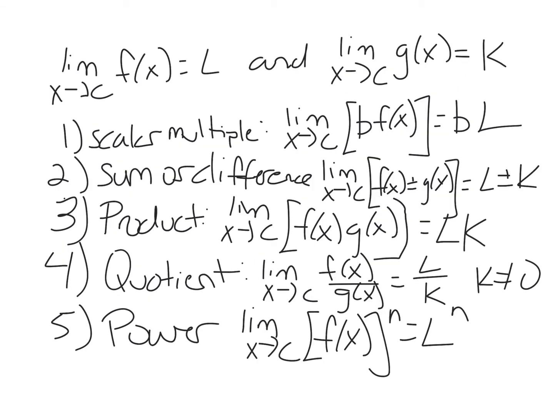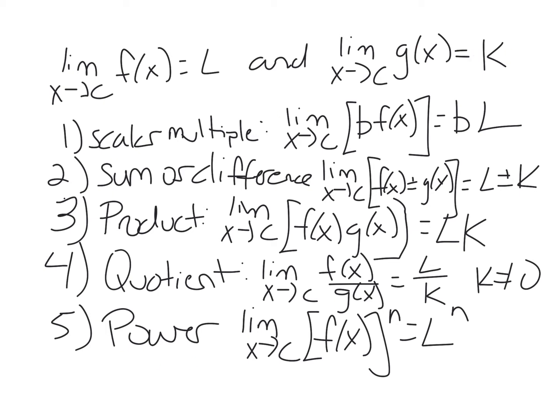All right, so we have here b and c are real numbers, and n is a positive integer. And if we have these limits up top, limit as x approaches c of f of x is equal to L, and limit of g of x as x approaches c is equal to k.